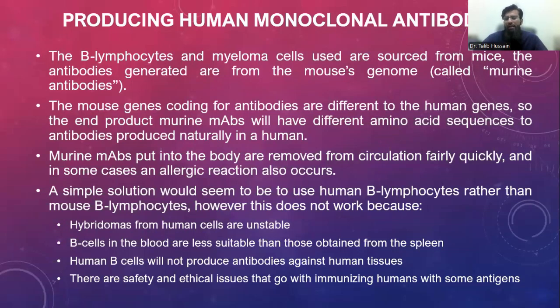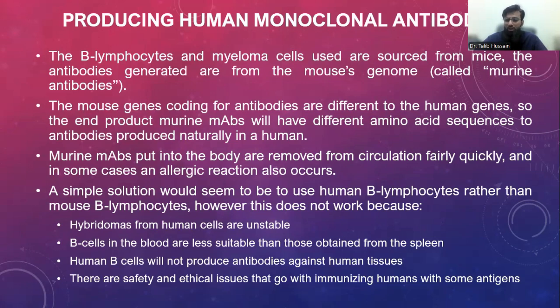Murine mAbs have some problems because they are different from the human genome. The mouse genome, producing antibodies from the same antigen, has a different coding as compared to the human, which produces antibodies from the same antigen.